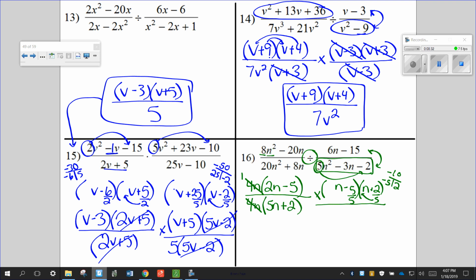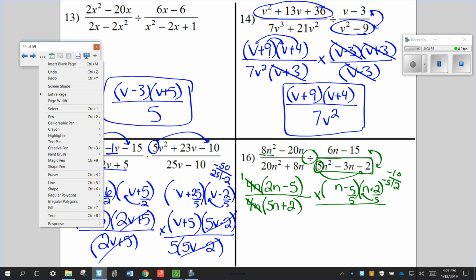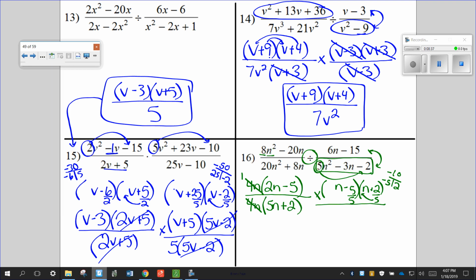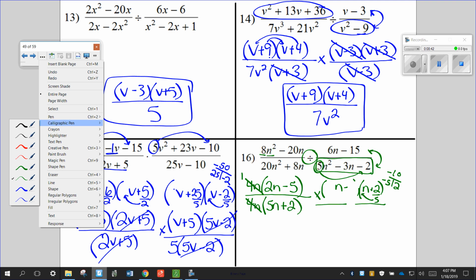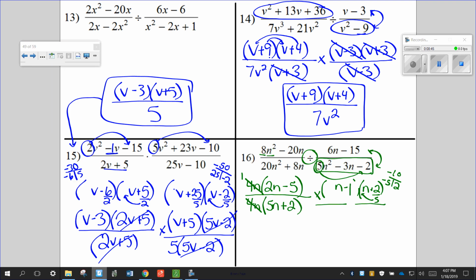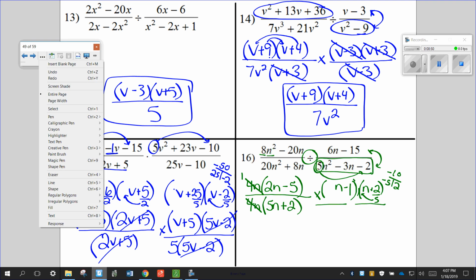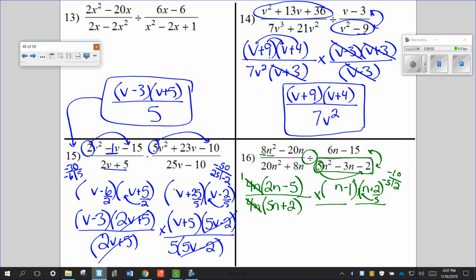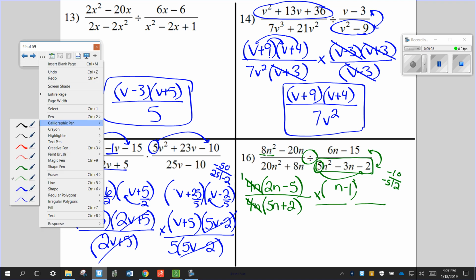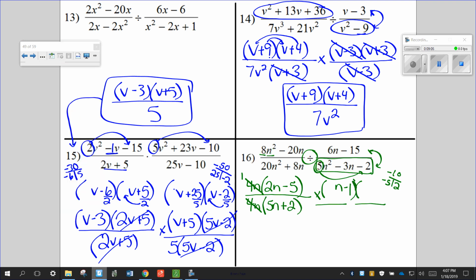Let me erase these. So this is going to become a 1, and minus 1. And this is going to become, since the 5 comes up in front of the n, 5n plus 2. N minus 1, 5n plus 2.